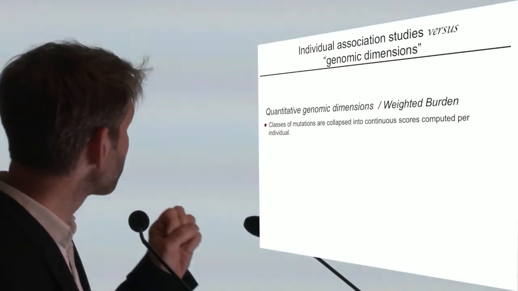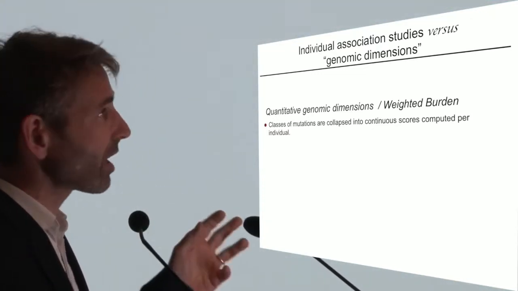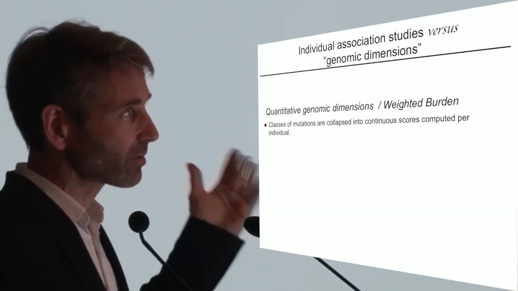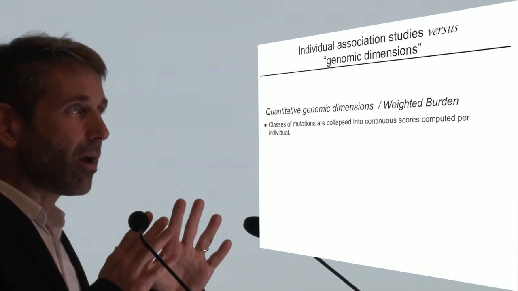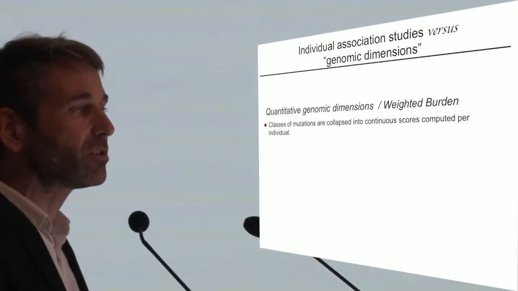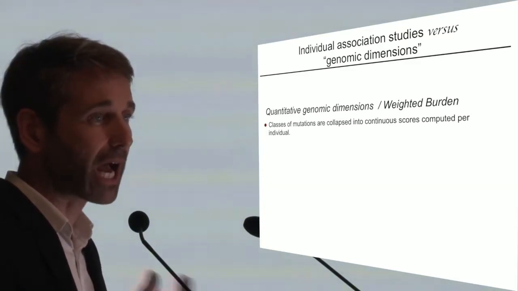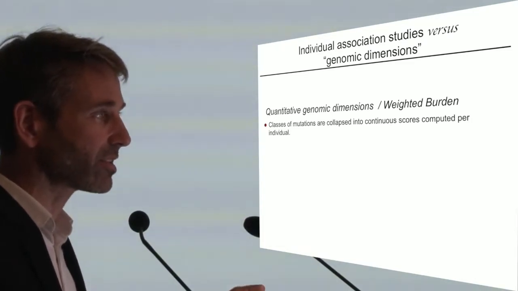So we need other strategies, and the ones that we've been tackling in the lab, and this will be a recurrent theme in the next part of my talk, is that the specific effect of all these millions of mutations, we're never going to know them. I'm not going to know them in my lifetime unless there's some quantum leap in technology.